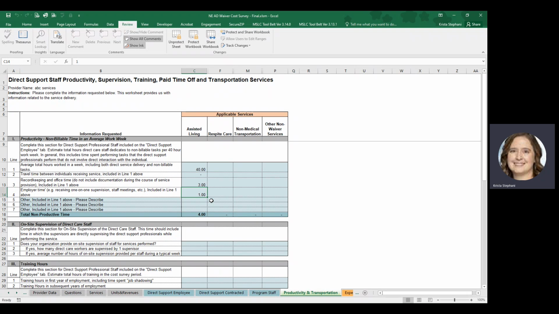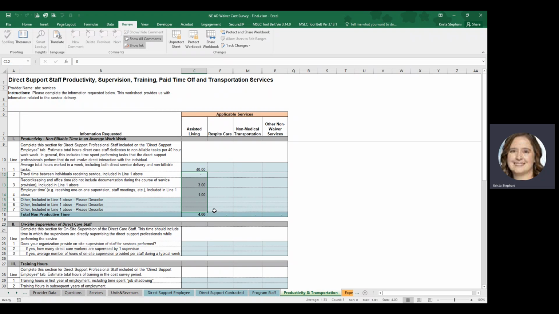Now, it's important that we distinguish that the services that you are providing information on in lines 2 through 7 are what we consider generally not billable or not directly working with an individual, but it is work that is required for that direct support professional to provide a positive experience for the individuals.